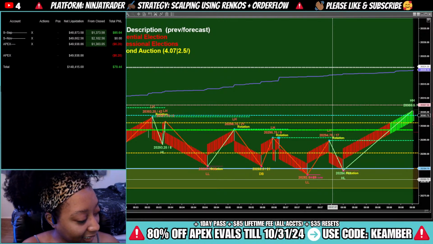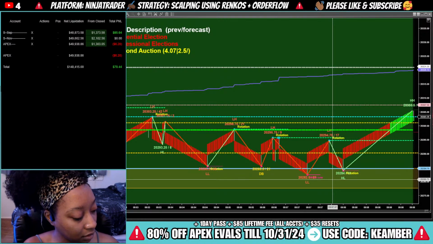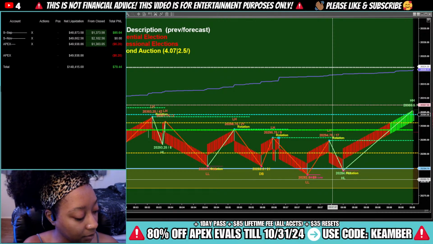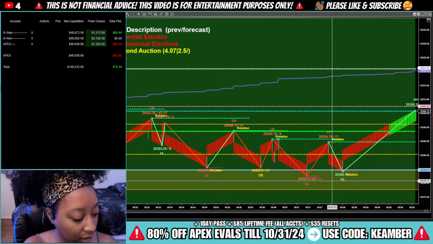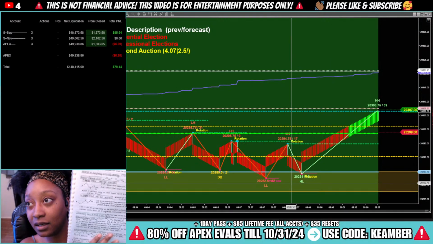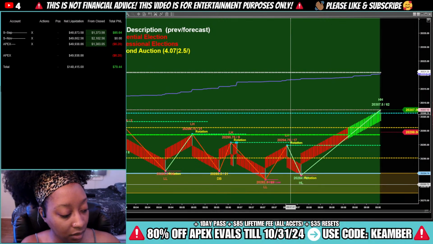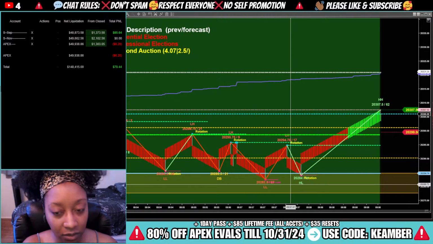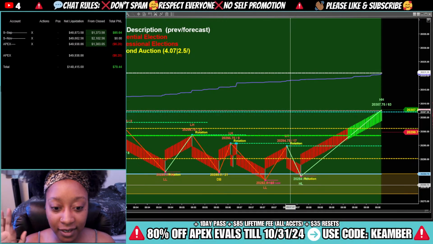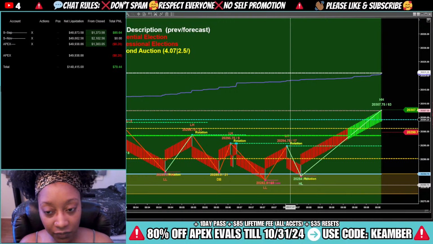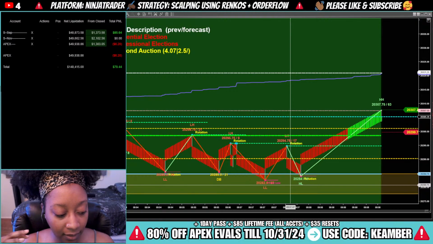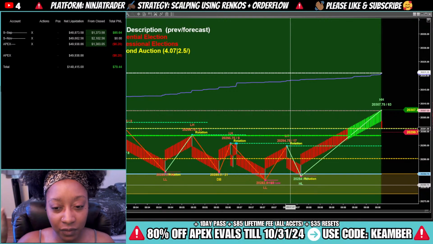By guide, I mean, let's see if I can find the page where I started. I write out what the pullback looks like: okay, we got a higher low to a higher high to a higher low. And then write out what I'm looking for volume wise and what certain volume patterns mean.